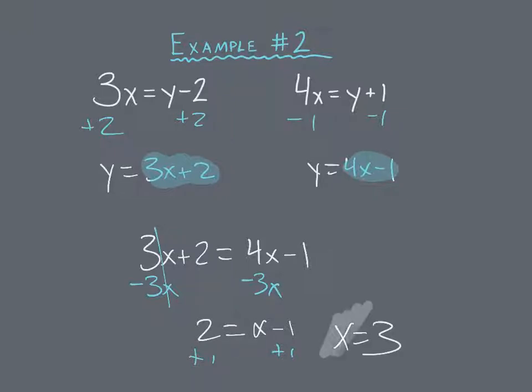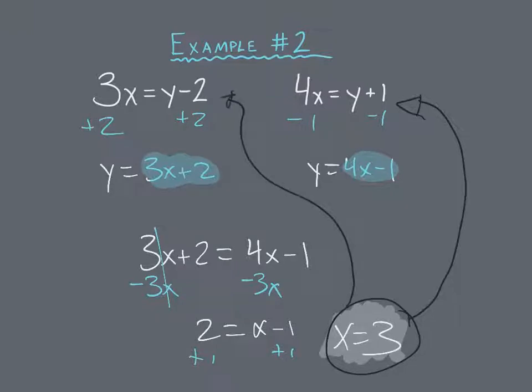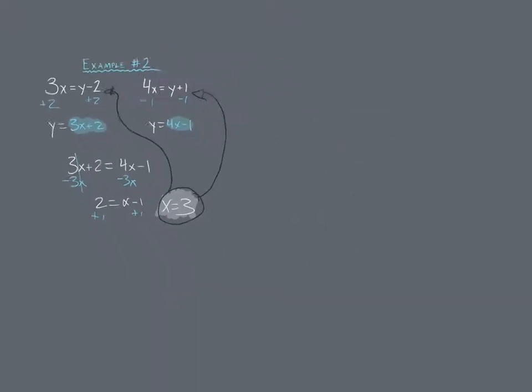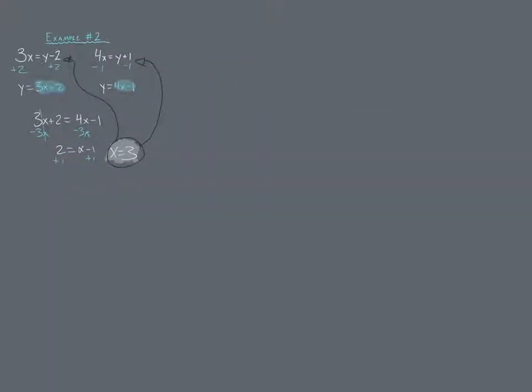Again, now that we have x equal to 3, we're just going to take that and plug it into either equation. So I can plug this into this equation, or I can plug it into this equation, either one. Let's do both of them real fast to show you that we're going to get the same answer. So the first one, we're going to plug in 3.